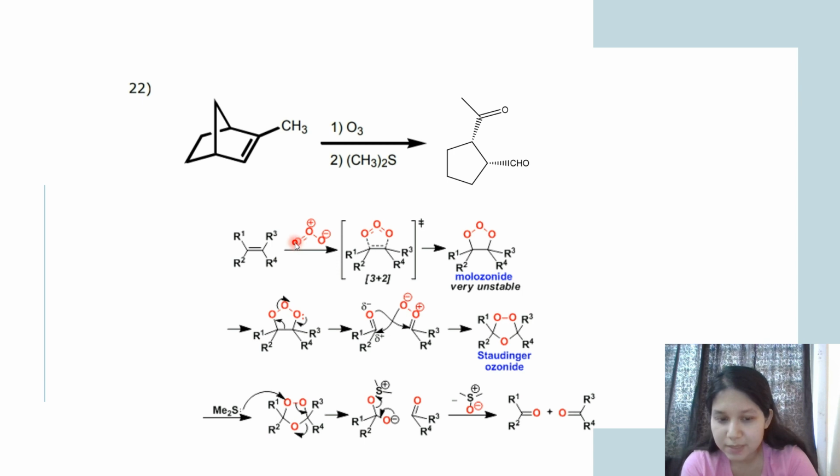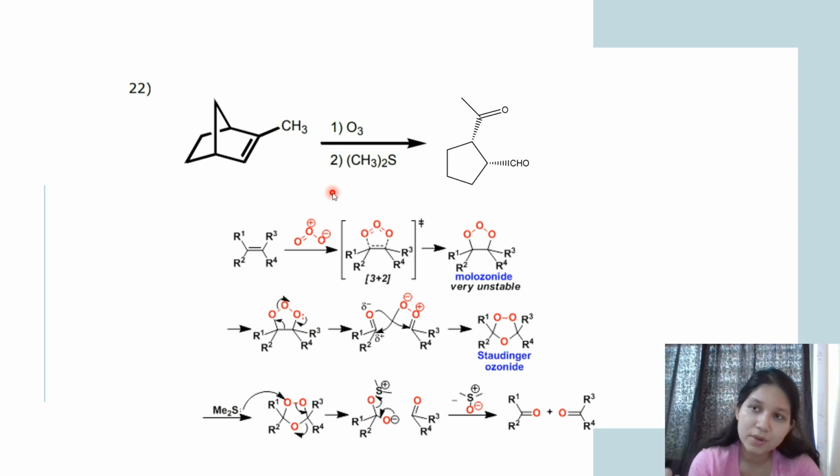It is kind of similar to azide. If you combine three nitrogen atoms, you get azide. In azide also you observe positive and negative charge present, which will be in conjugation with the double bond. So in ozone also you get such a structure.